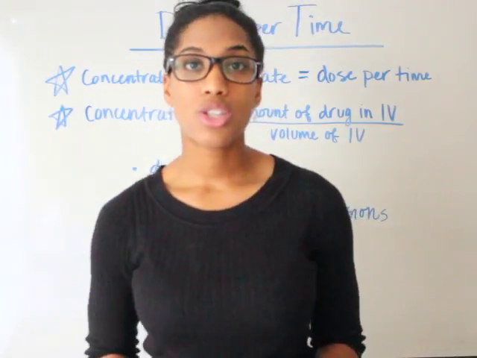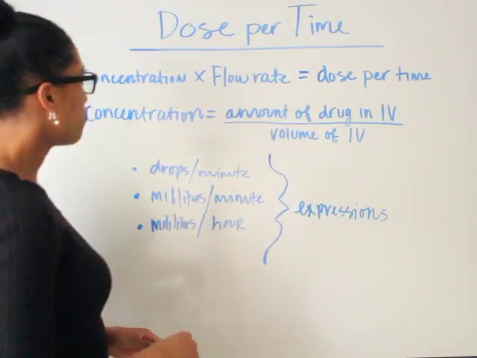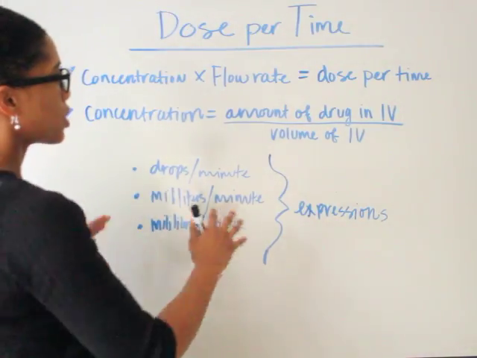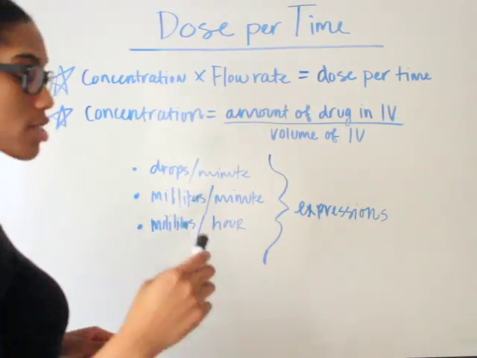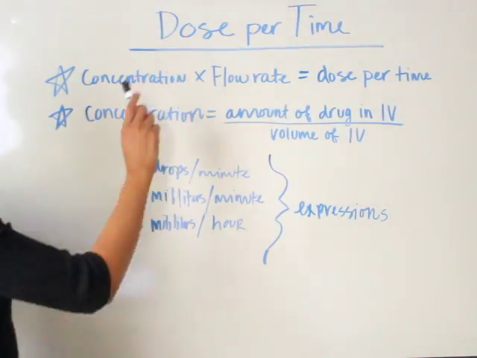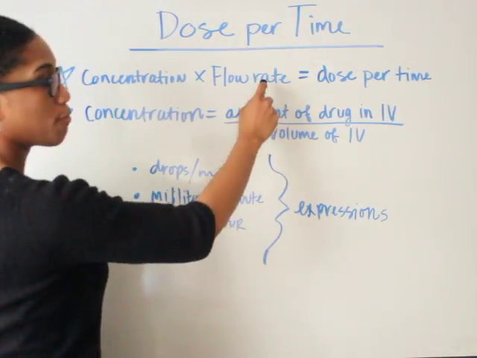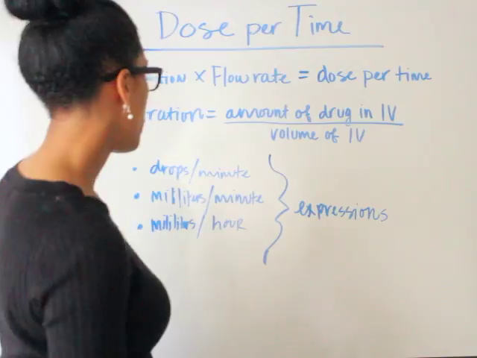So let's go ahead and get started with the lesson. With the dose per time, we have some different components that come together to equal this whole thing, okay? So first let me give you the whole concept. Dose per time basically is this: concentration times the flow rate equals the dose per time, okay?